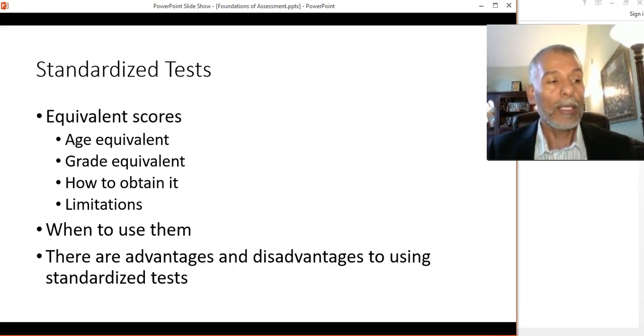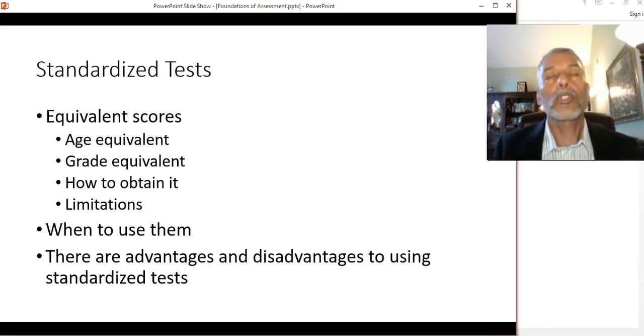So your ideal situation is to pick and choose different subtests or different parts from various tests that are made to score, to measure particular skills that you want to measure. And we'll speak more about this in class.